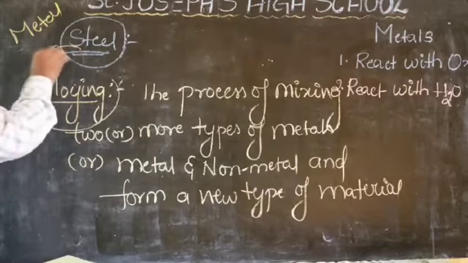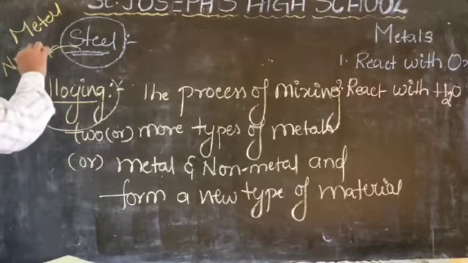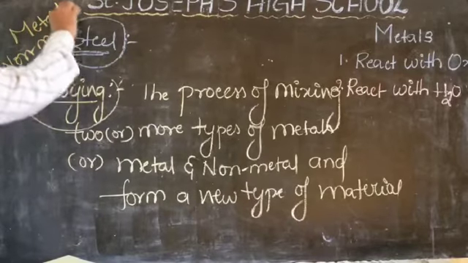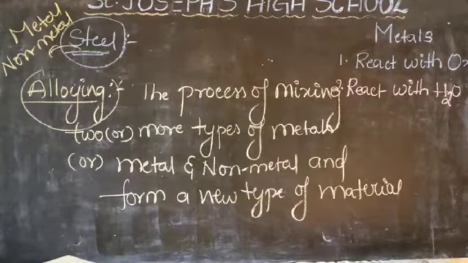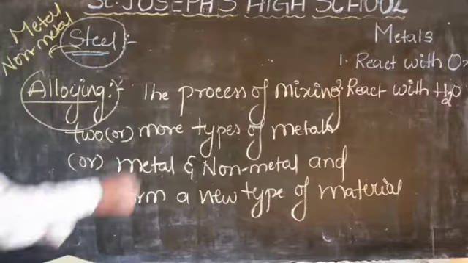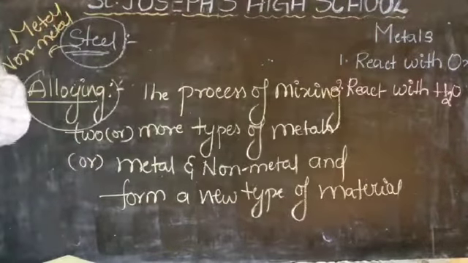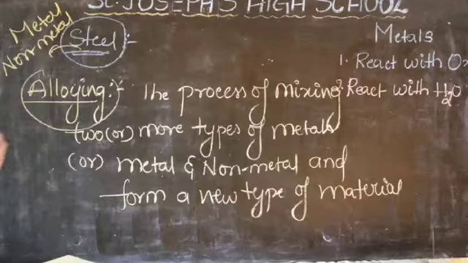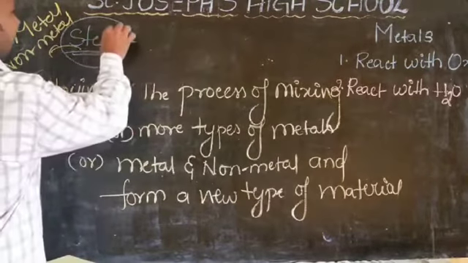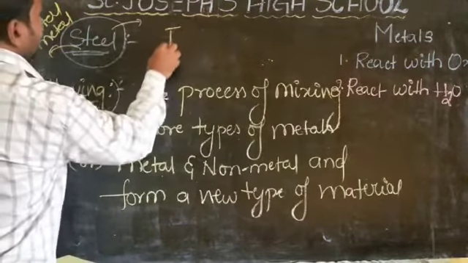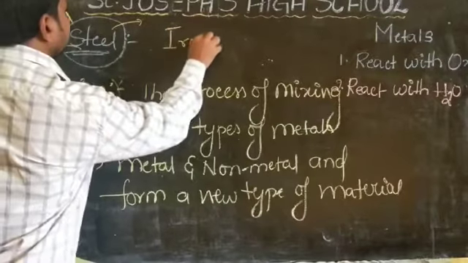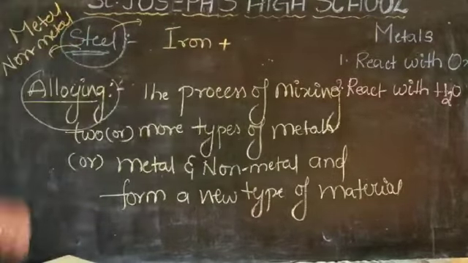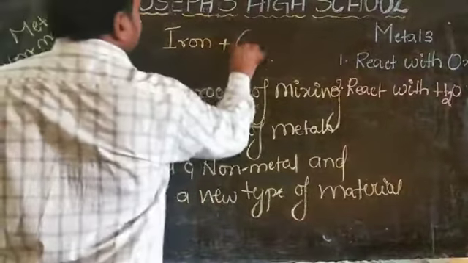Steel is not a non-metal also. Then what is steel, sir? Steel is a combination of metal and non-metal. To get steel, we combine a metal, that is iron, and a non-metal, that is carbon.